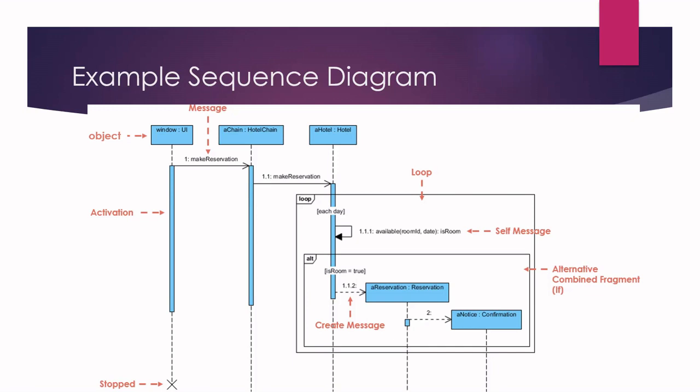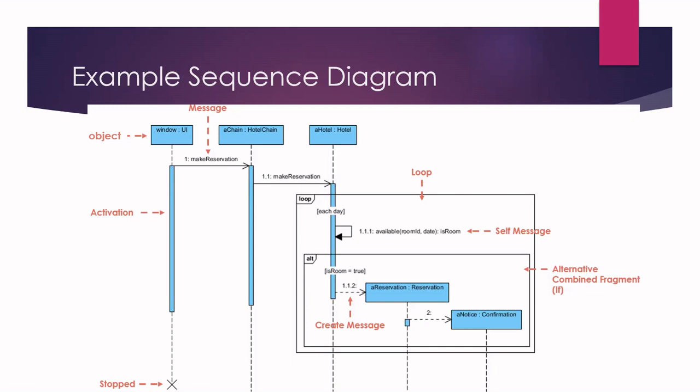Now, what if we have alternating conditions or case switch cases, like set conditions? You can also have alternatives context. So if there's a room, you would do this.